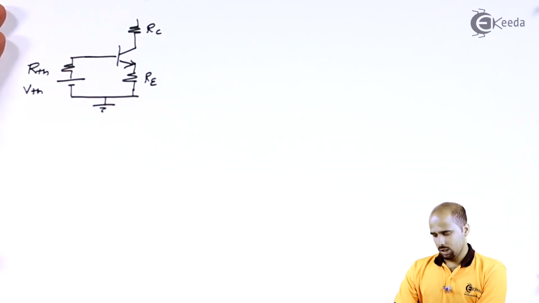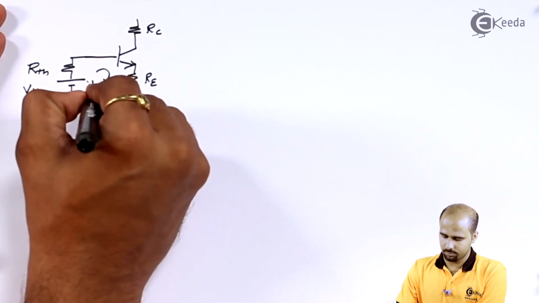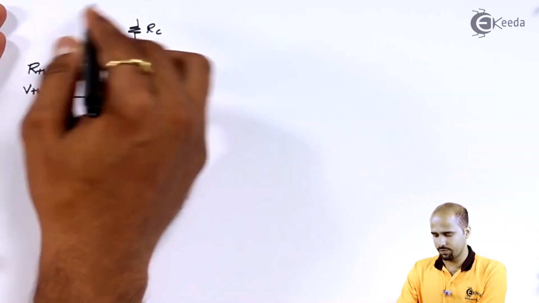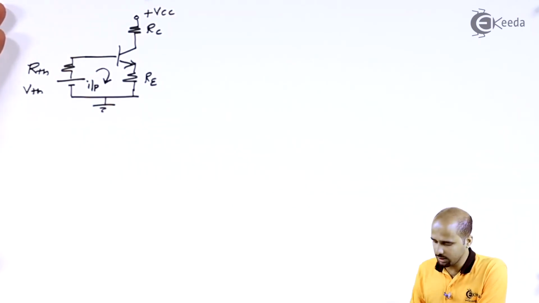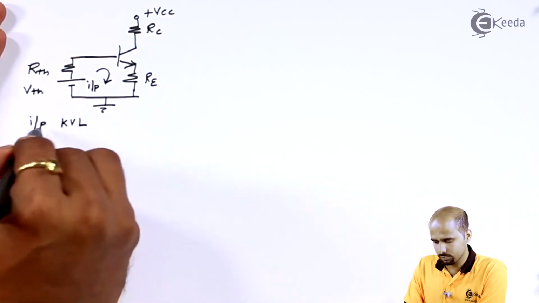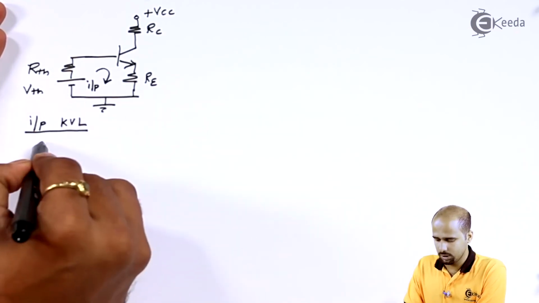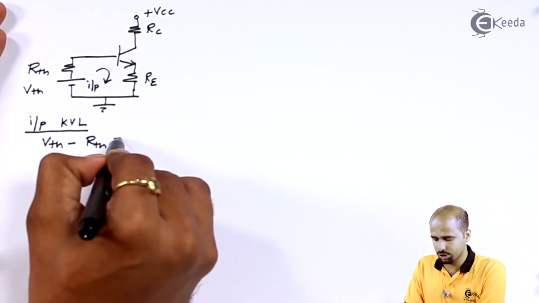Here we have to apply the input KVL. If I apply the input KVL, it will become VTH minus RTH into IB.